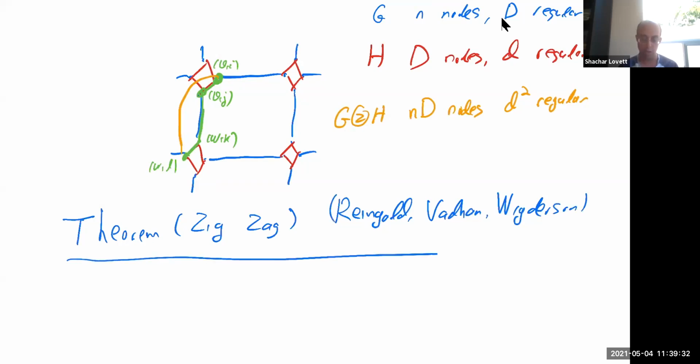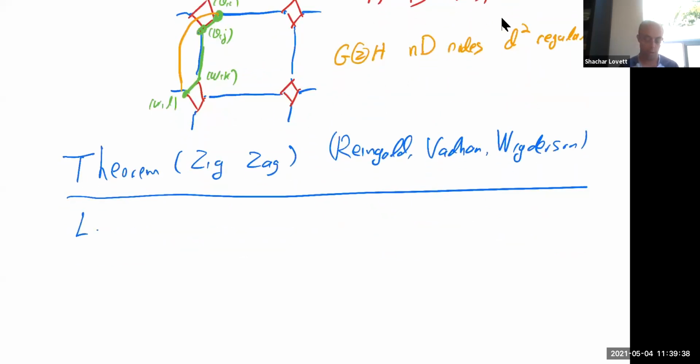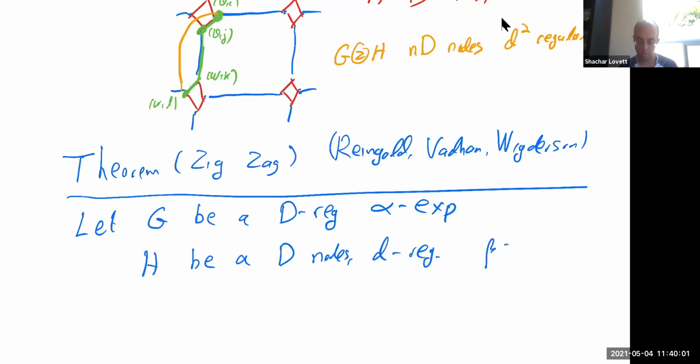It tells you that if G and H are expanders, then the zigzag product is also a pretty good expander. So it says, let G be a d-regular alpha expander, and H be a D-node small d-regular beta expander.